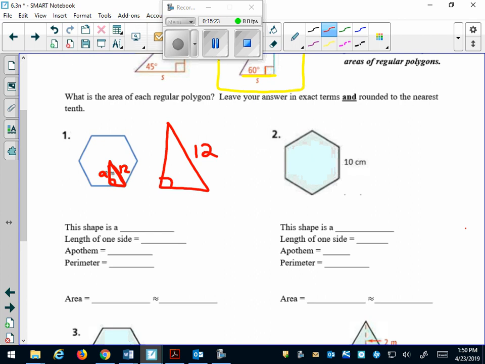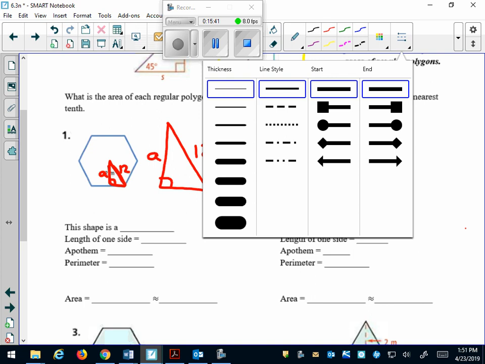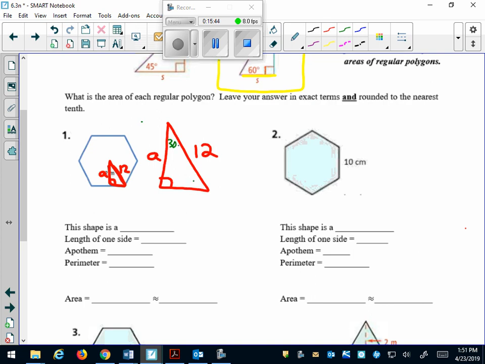This is the A. This is our apothem right there. Now, since it's a hexagon, what kind of a triangle is this? 30, 60, 90. Where this one's 30 and this one's 60. So the side across from 30 is S. Hypotenuse is 2S. Side across from 60 is S root 3.